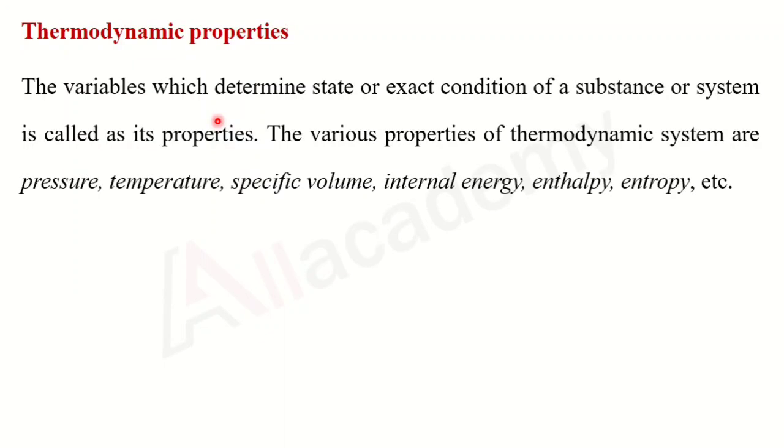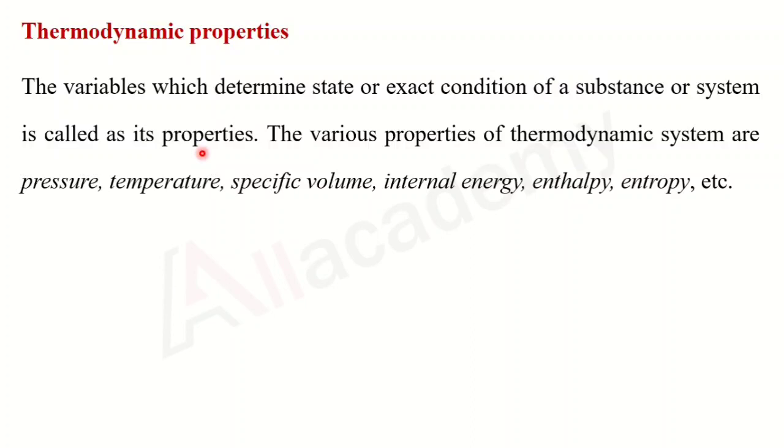So what are these thermodynamic properties? Before that, let us know what is a property. The variables which determine the state or exact condition of a substance or a system are called properties. The measurable variables which describe the exact condition of a system are called properties.